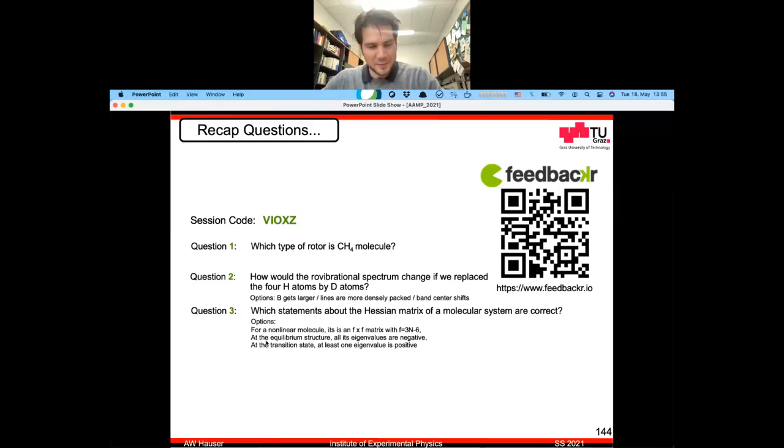That's the case. That means that in any direction, when you go away from the minimum, you increase the potential energy. Otherwise, it wouldn't be a minimum as an extremum on the potential energy surface. And the other thing, at the transition state, at least one eigenvalue has to be negative.